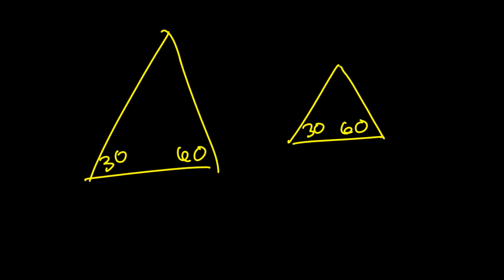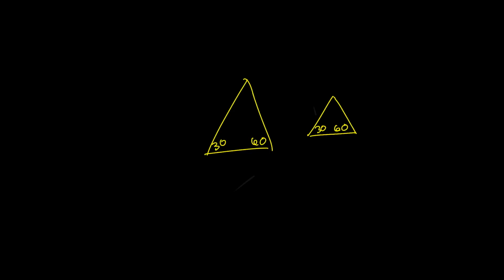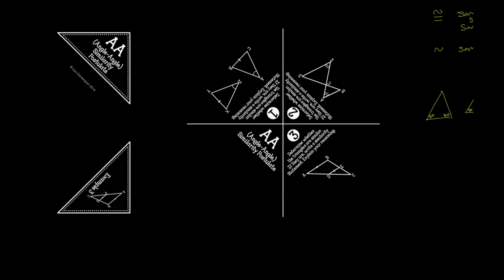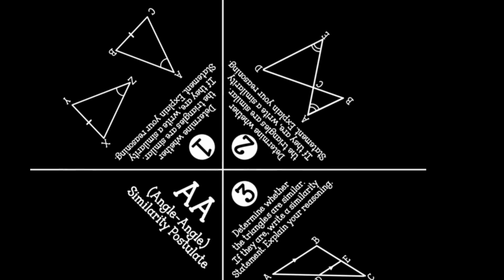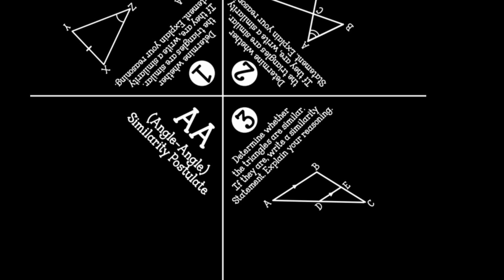So you actually only need two angles shown to be congruent, because the third angle has to be congruent no matter what. So that's why you don't need three angles in this postulate. You just need two, angle, angle. So we're introducing the one similarity postulate. The rest of the postulates are technically termed congruence postulates that also work for similarity. But this is the one that only works for similarity, and it is angle, angle.